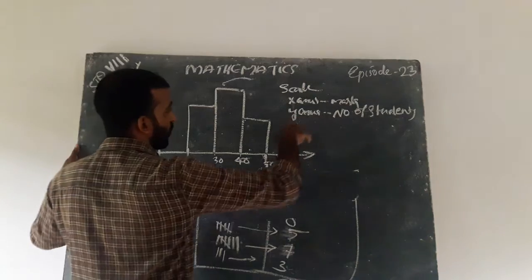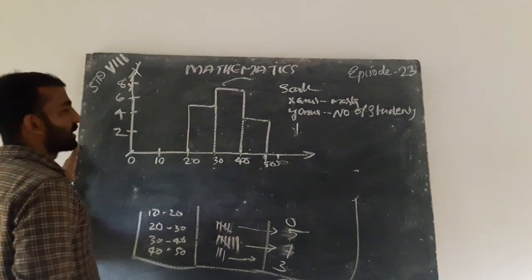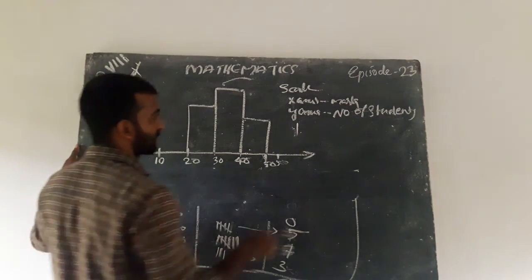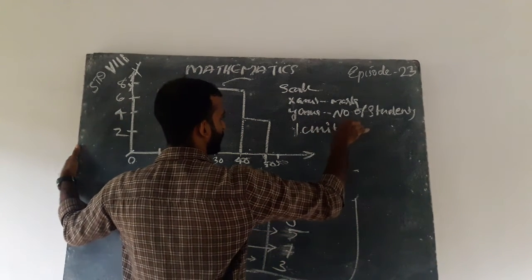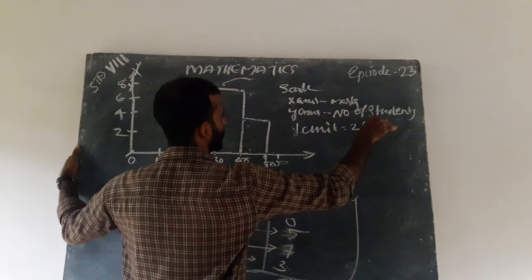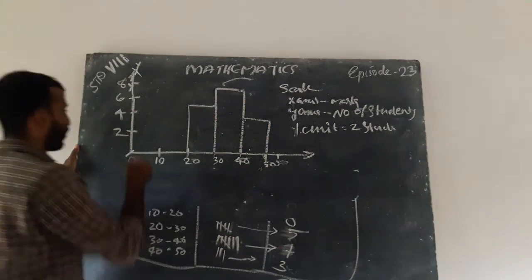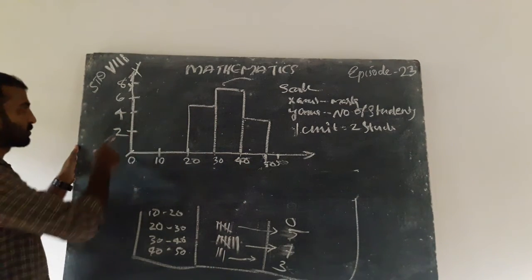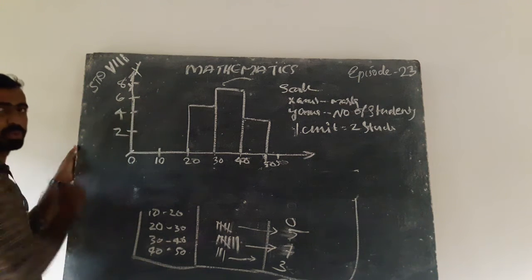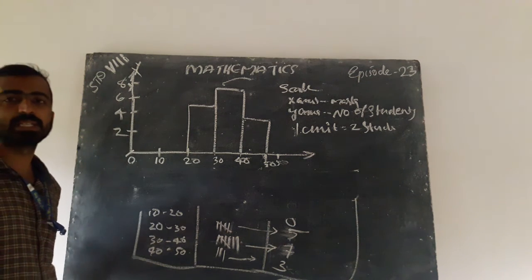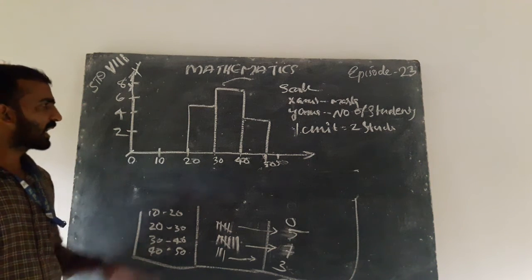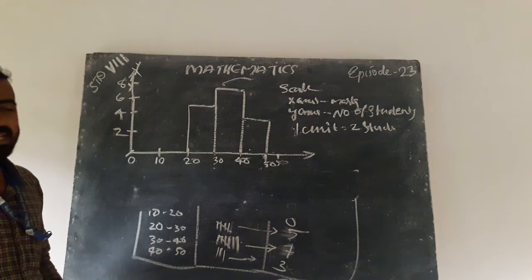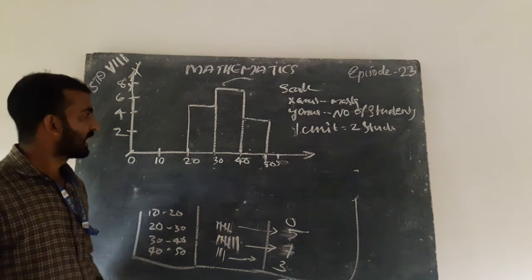One unit on y is 2 students. One unit is 2 students, then the next is 2 plus 2, 4. That is the scale.